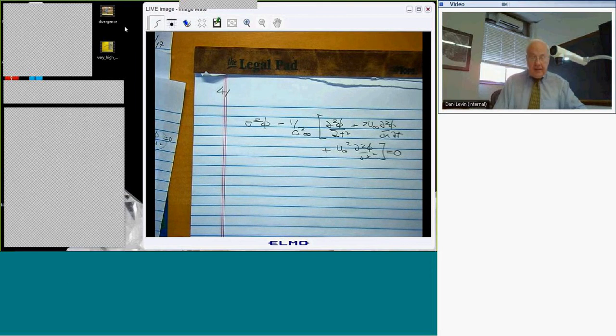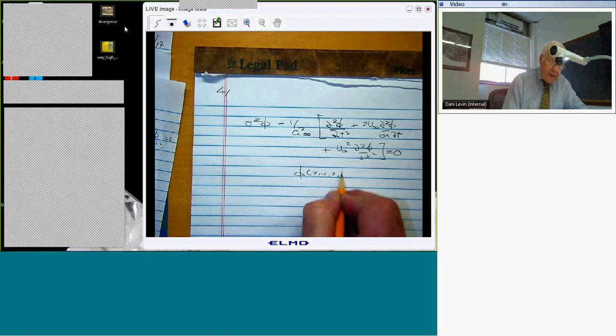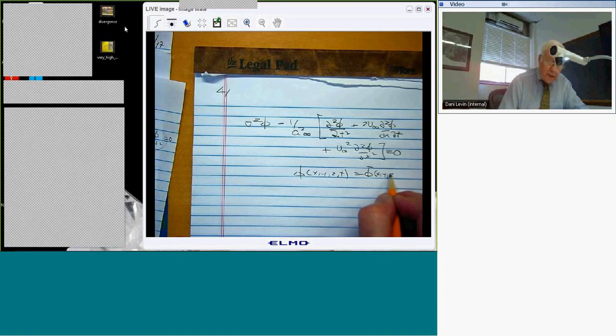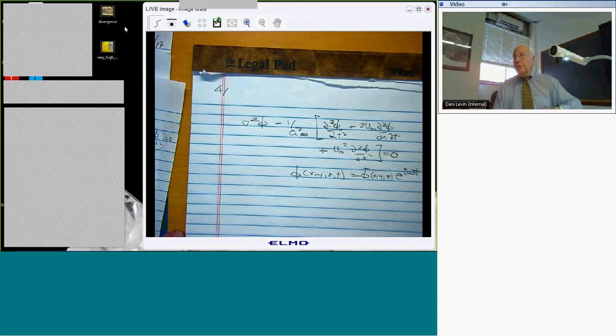That is, if nothing's changing with respect to time, we can note that in our unsteady solution. Or if you prefer, if I take phi, which is a function of x, y, z, and t, and assume it's some function yet to be determined of x, y, z times e^(i omega t), if I solve that problem and then I set omega equal to 0, I get the steady flow solution, right?